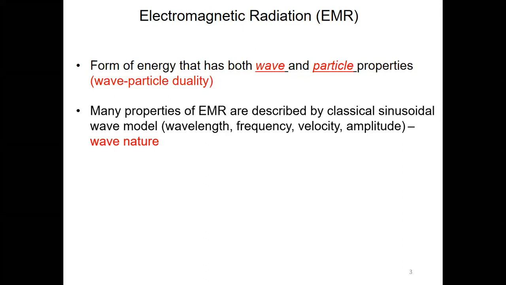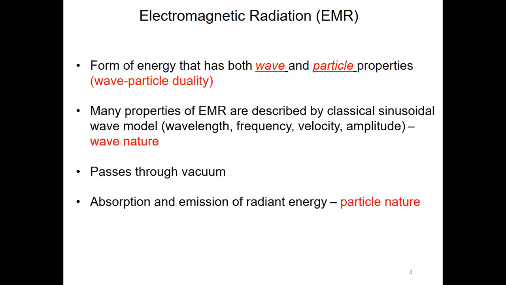It has a sinusoidal or sine wave shape, and therefore we call this wave nature. Electromagnetic radiation has wavelength, frequency, velocity, amplitude. All those things are present in the wave model. Therefore, this EMR has wave nature.